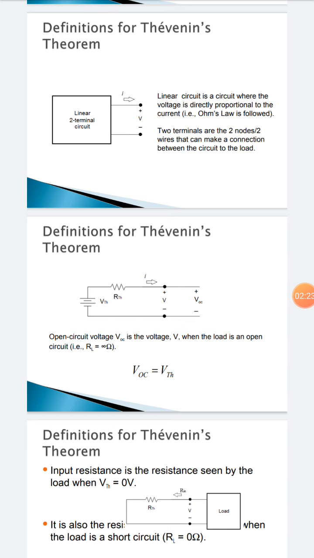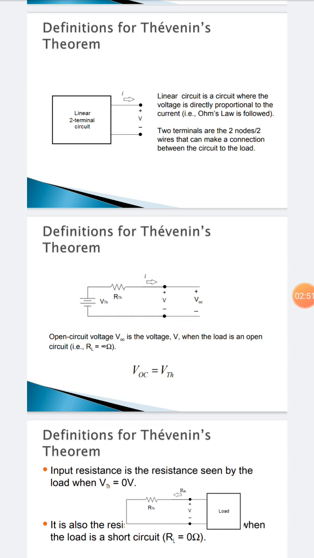The next definition of Thevenin theorem is that when the circuit is open circuited, at that time the open circuit voltage can be calculated. That's why the open circuit voltage is also called the Thevenin voltage.